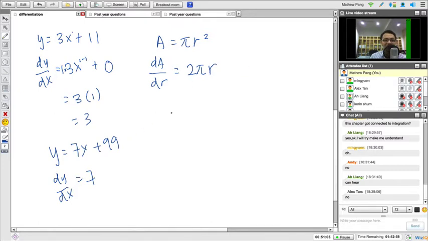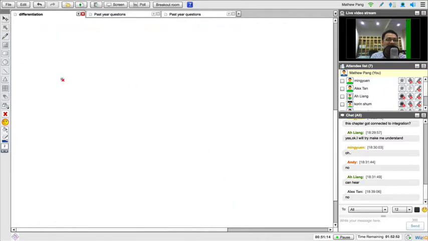Alright, let's see. We're trying to make the question a little bit more difficult. Let's say I have y equals 7x power of 3 minus 2x power of 5 plus 3x.